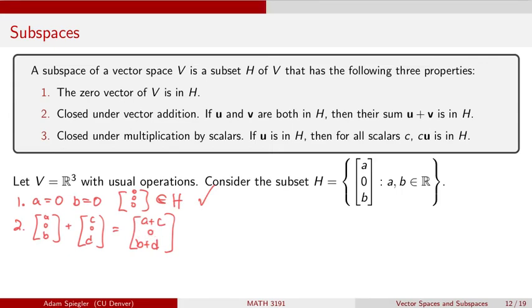So this is certainly closed under addition. If I add any two vectors that have 0 as the second coordinate, I get a vector that has 0 as the second entry.